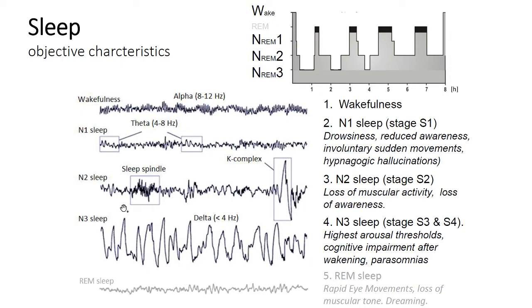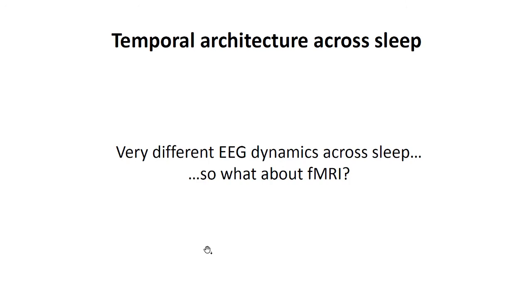The informative part is when you look at the temporal dynamics: you basically see a loss of complexity. You see things going up and down, like a bistable thing. As I said, there are very different EEG dynamics across sleep.